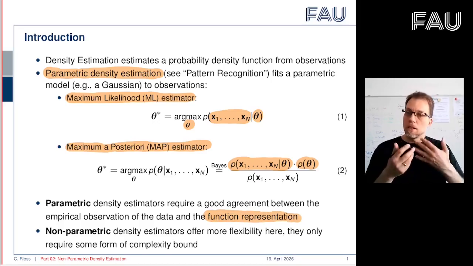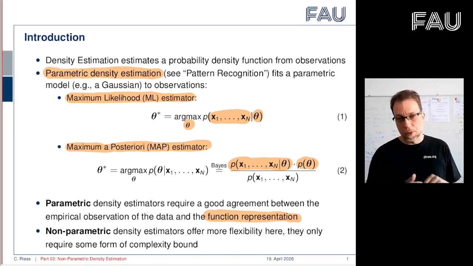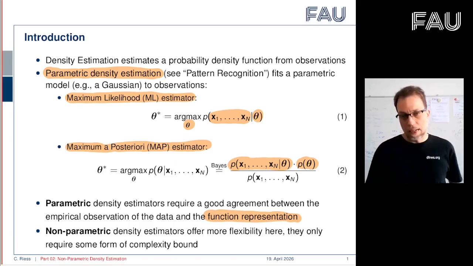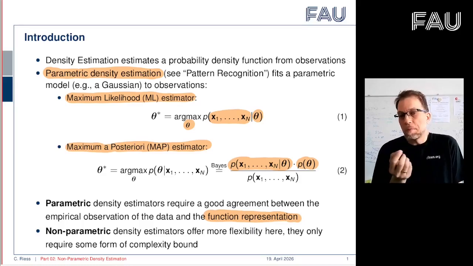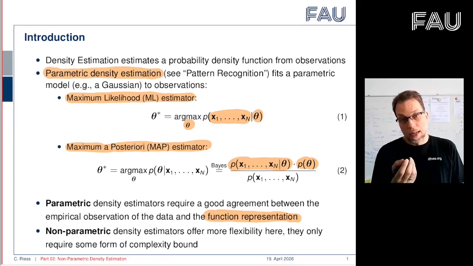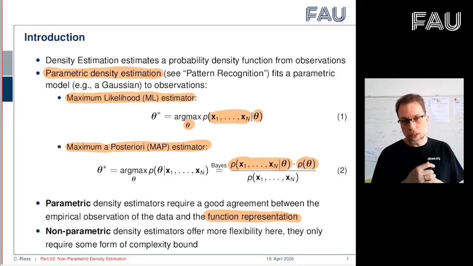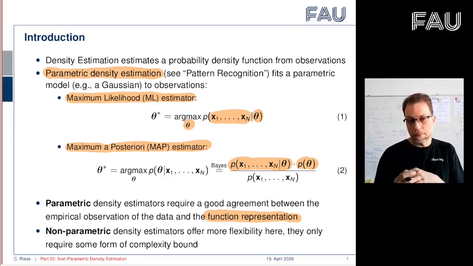So you need some idea, okay, this should follow a Gaussian distribution, and also empirically I see that it behaves like a Gaussian, so all is good here. If you don't have this, maybe your data just doesn't behave like a Gaussian, then you need some other plan. You can say, okay, I patch this with a Gaussian mixture model. Yes, you can do this. We will talk about this also later.